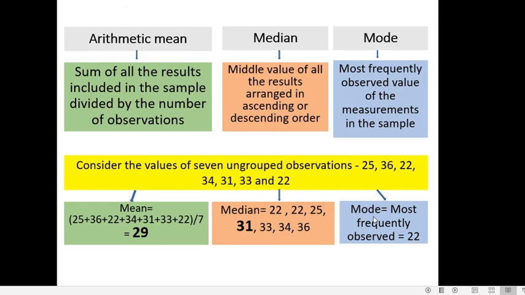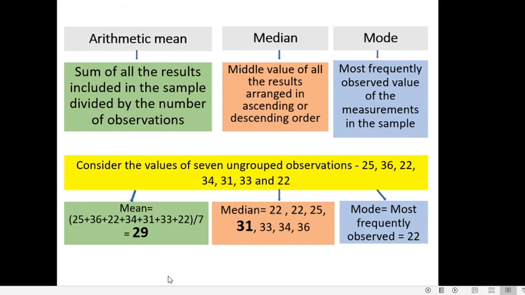Now we come to mode. Mode is the most frequently observed value. Here you can see that in these observations 22 is repeated twice, but all the other observations appear only once. So 22 is the most frequently observed observation, and that is the mode. So we will define arithmetic mean, median and mode based on the answers.